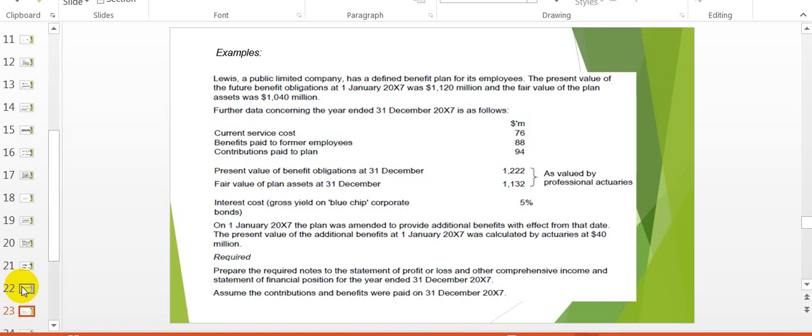Required to prepare the required notes to the statement of P&L and other comprehensive income and statement of financial position for the year ended. We are to assume the contributions and benefits were paid on 31st December.